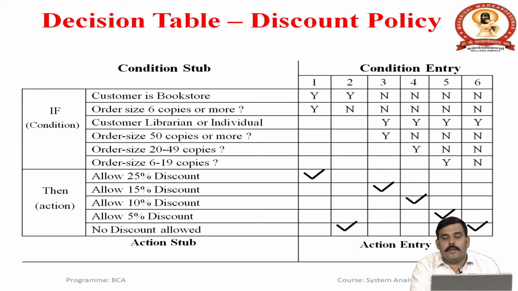That gives a complete overview of the conditions, actions, and the combinations of conditions, and on the basis of them, what action we have to perform. There are basically two parts of a decision table, stub and entry. The stub is divided into two parts, condition stub and action stub, and the entry part is also divided into two parts, condition entry and action entry.